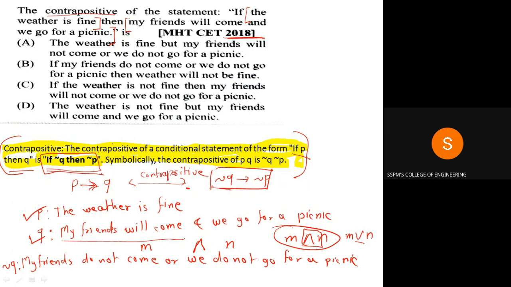This is negation of Q first. Where can you see this in your options? In this option, it is right there.